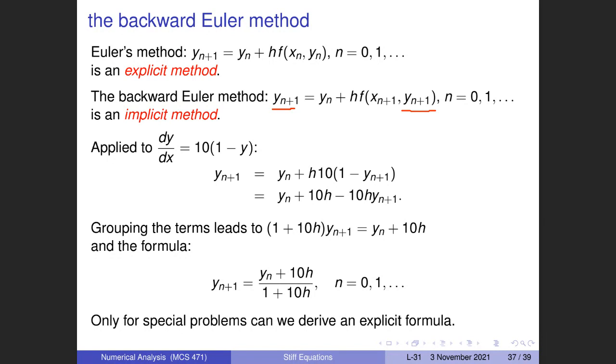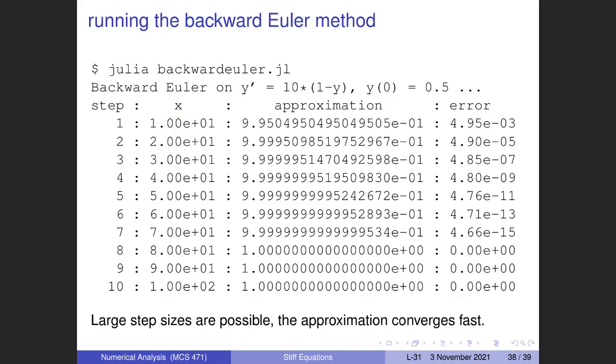We can use the particular format of the right-hand side to derive an explicit formula, and we will use that explicit formula to execute the method. So it will work for the specific problem that we have, and here is how it is working.